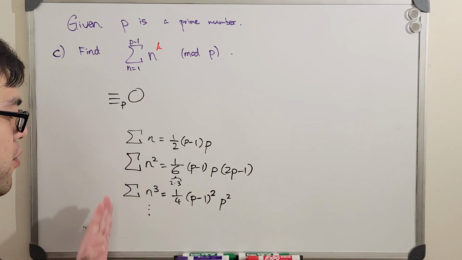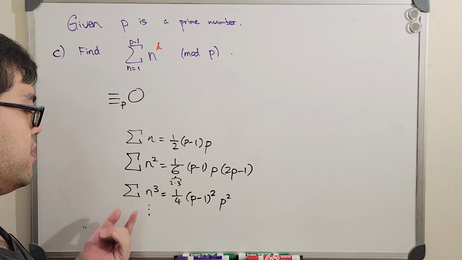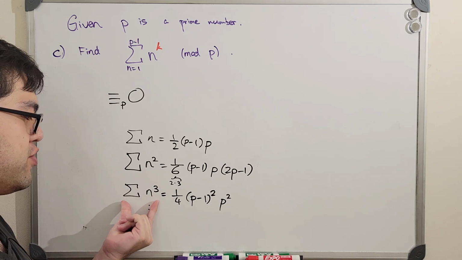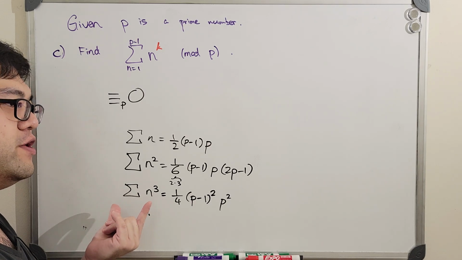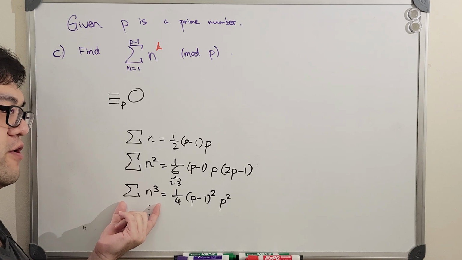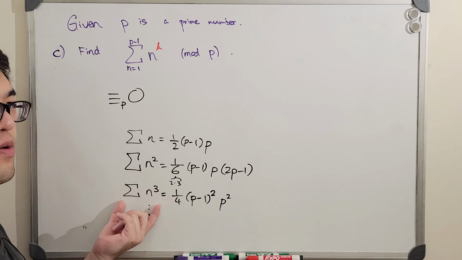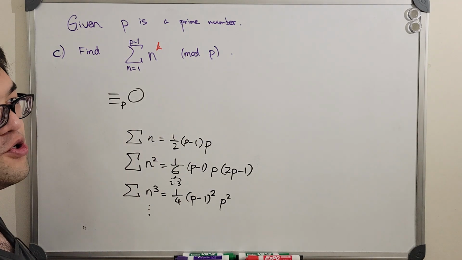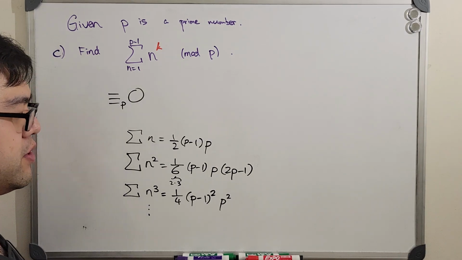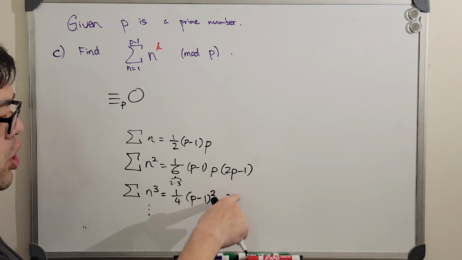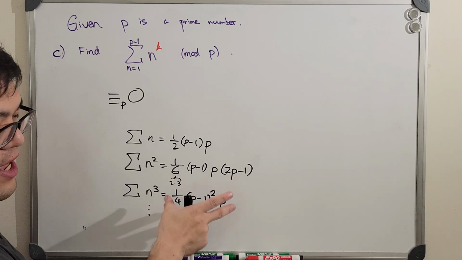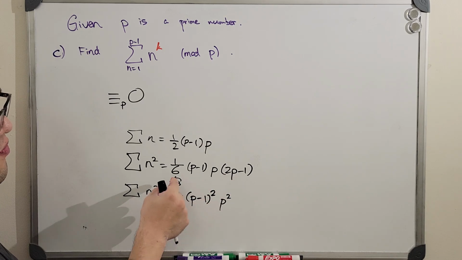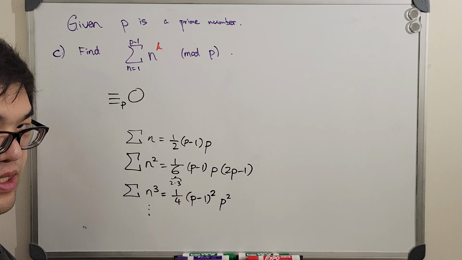the following, we will be able to see that when we try to consider the expression of the sum of the first p minus 1 terms of whatever positive integer powers we have, the closed form of it, meaning that the right hand side here is some fraction times something times some p here.